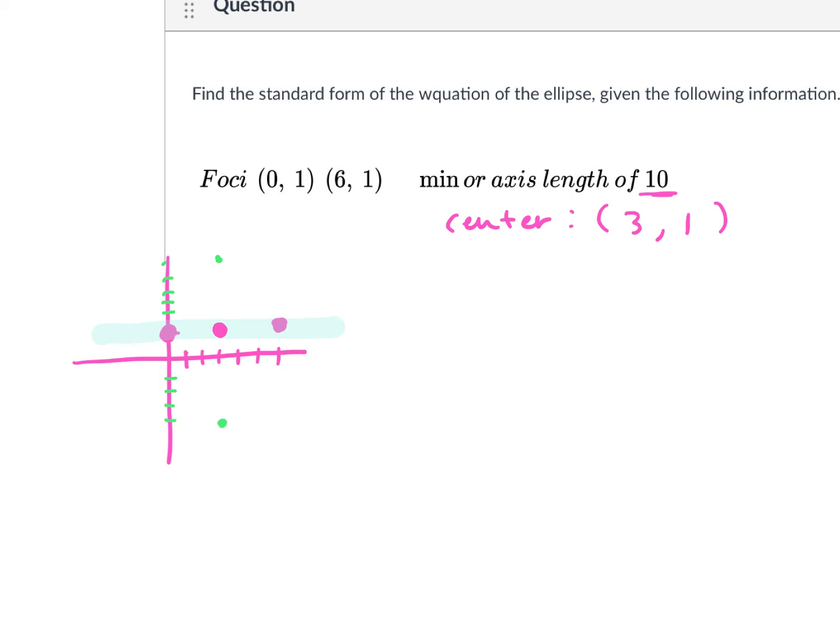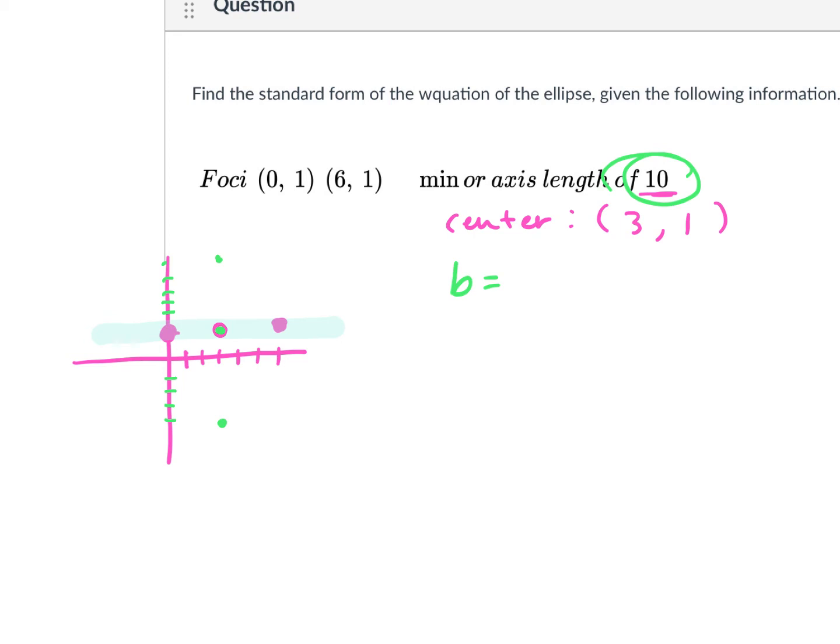If our minor axis length is 10, what does this give us? The minor axis, right, it's B. Well, it helps us find B. B is not going to be 10. What is B?